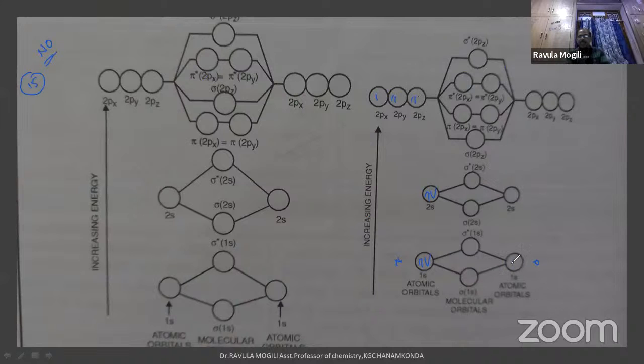For oxygen, 2 electrons, 2 electrons, and next 4 electrons.